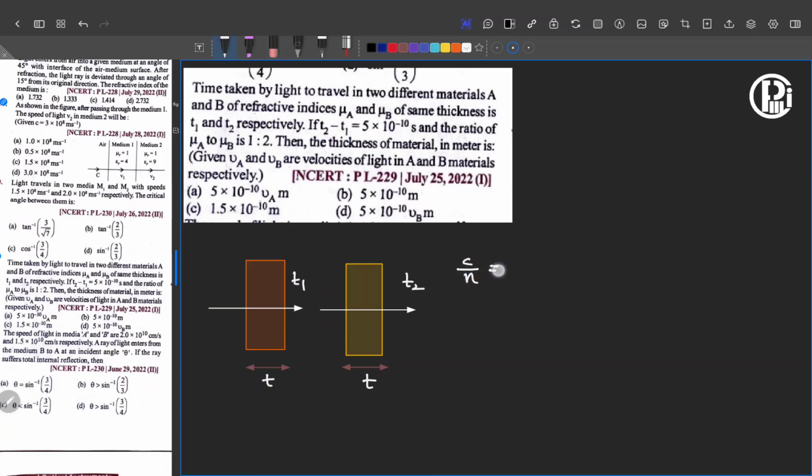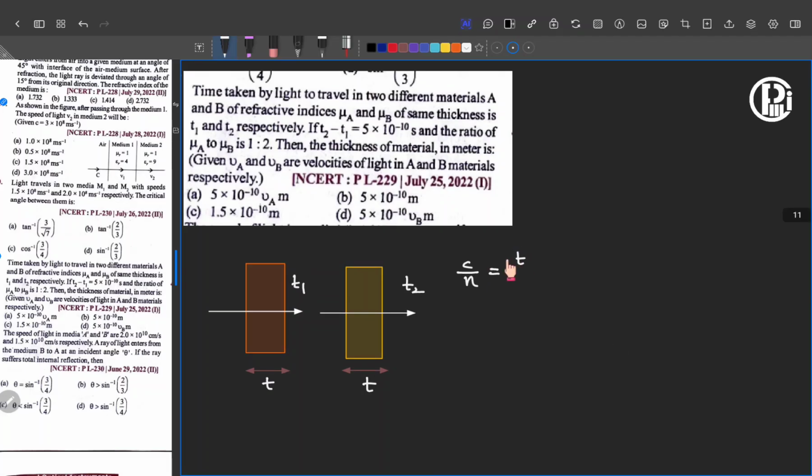C by n is equal to the velocity, this distance is T, by time, let's say T1 here. So therefore this T1 is nothing but n1 t by c. In the same way T2 is n2 t by c, right?